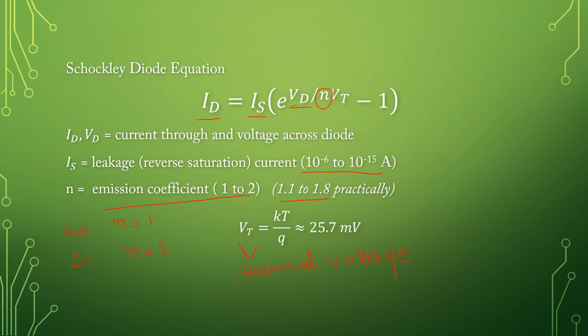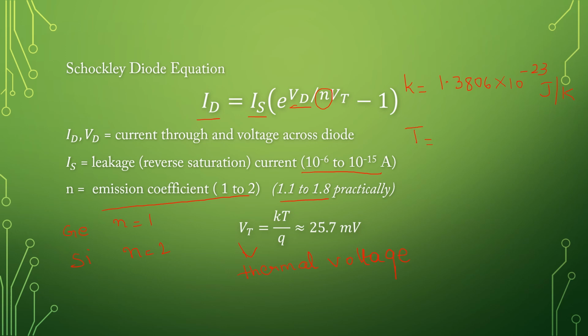It is equal to kT by q. So what is this k? k is the Boltzmann constant, which is equal to 1.3806 times 10 raised to minus 23 joule per Kelvin.